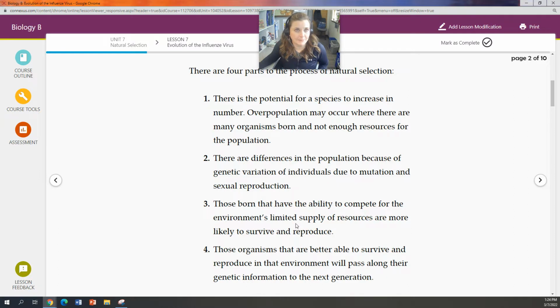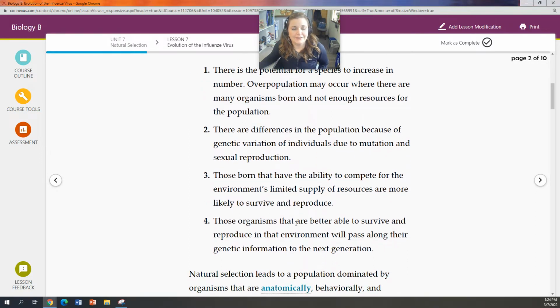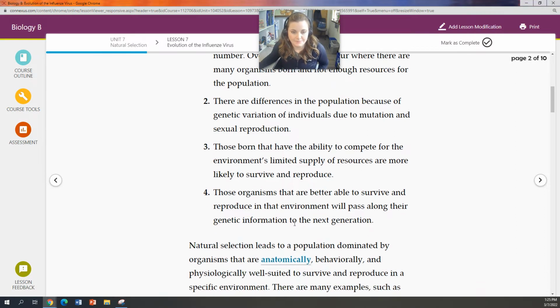First of all, there has to be reproduction. You have to be having offspring in order for evolution to take place from natural selection. You need to have variation. There have to be differences in the population because some variation is going to be an advantage and some won't. So in order to have that situation, you need at least two different traits, right?